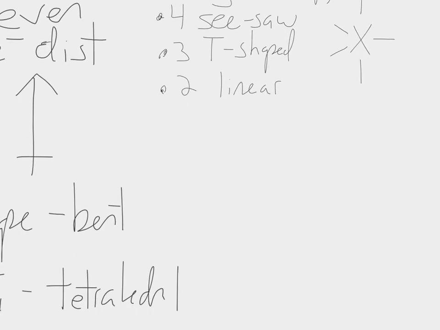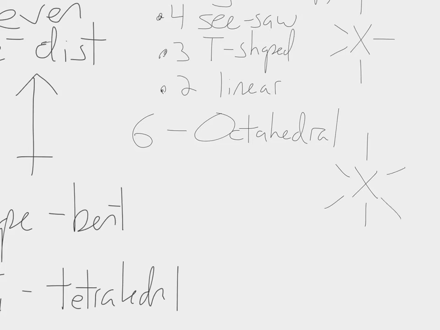Last category then, if we have 6 total domains, 6 total regions, this is where we get octahedral. And it's got the linear up and down, but then it's got the square in the middle, so 4, and it's flat. It's an actual square coming off the sides.